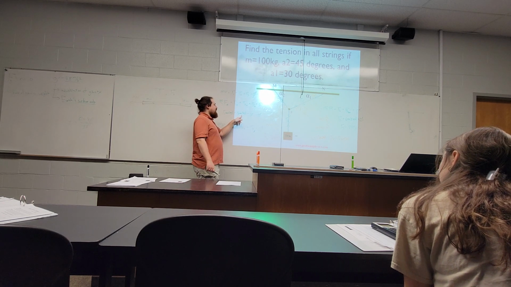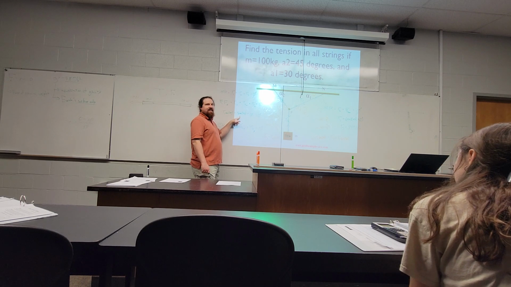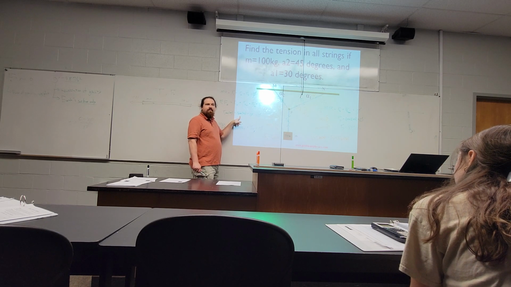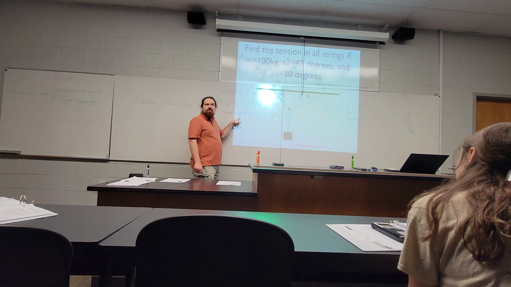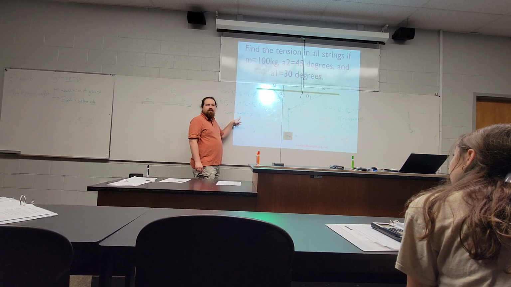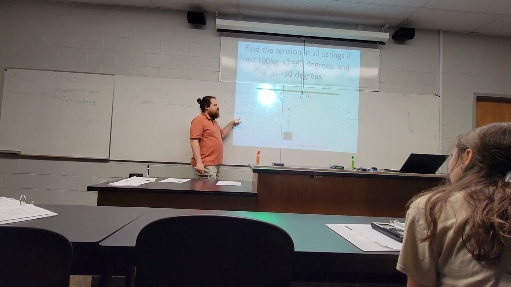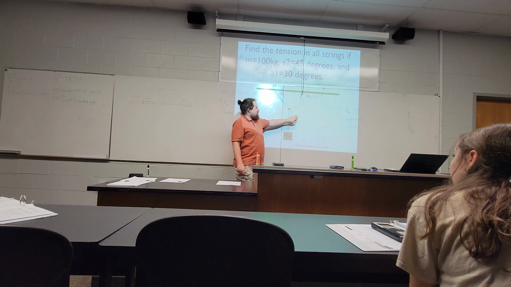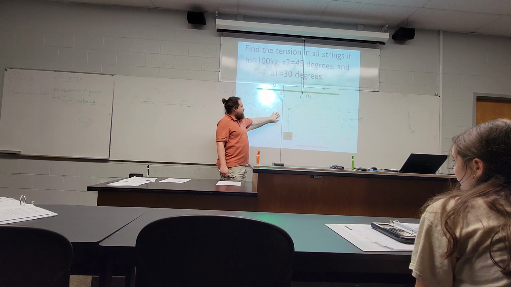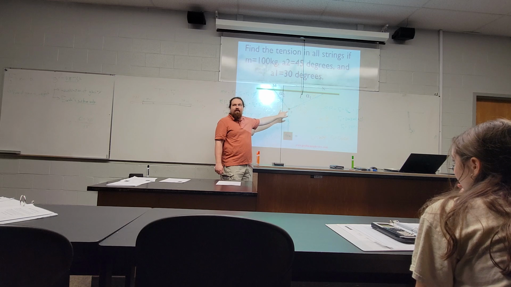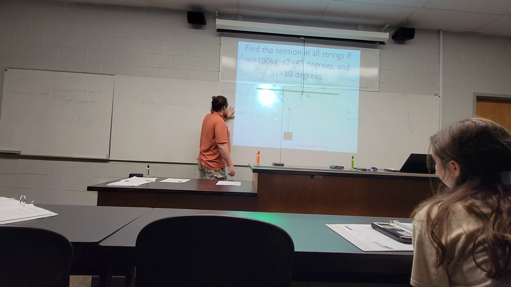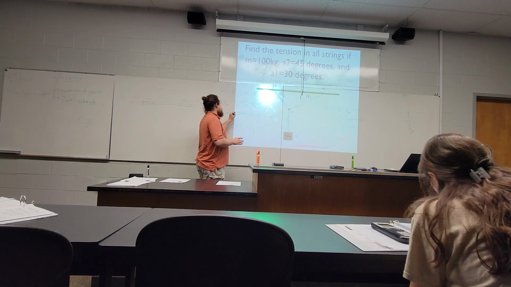That said, what direction, positive or negative, does the x leg of T2 point? Looking at this picture, notice that the two x legs work against each other. So that means we have to make one of them negative.